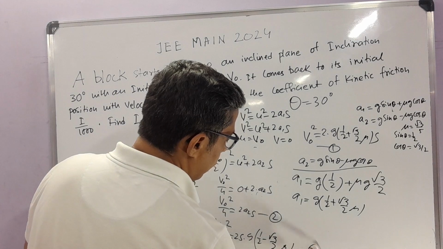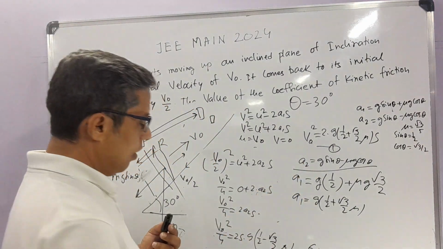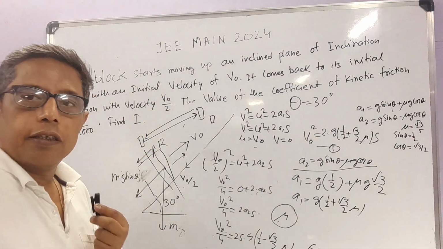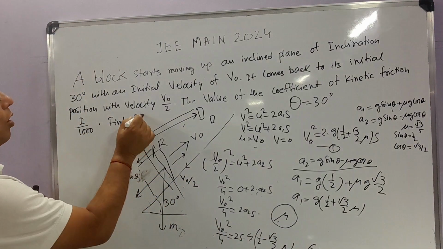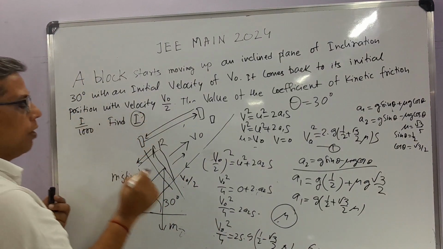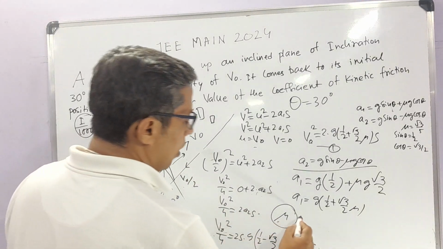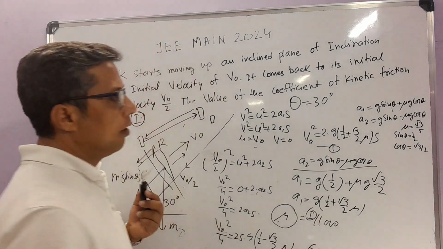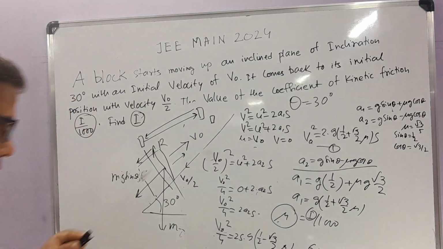I have to compare this one and this one, then I will get the value of mu. Once you get the value of mu, that is what is required. The answer is mu equal to I by 1000, so you will get the value of I from here. This is the way you have to approach this kind of problem for JEE Main.